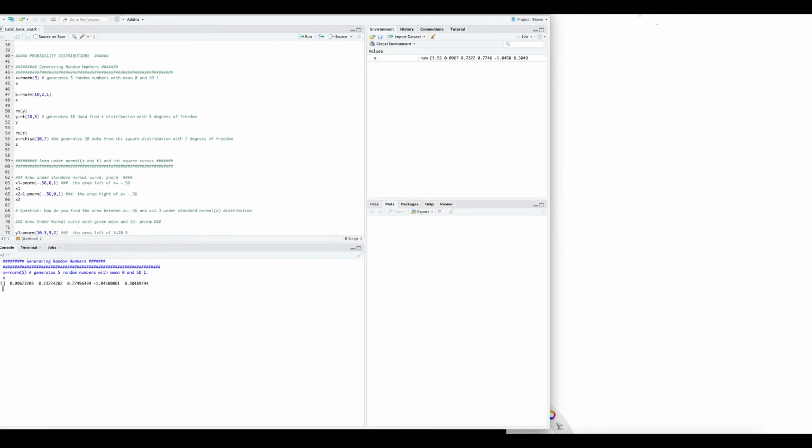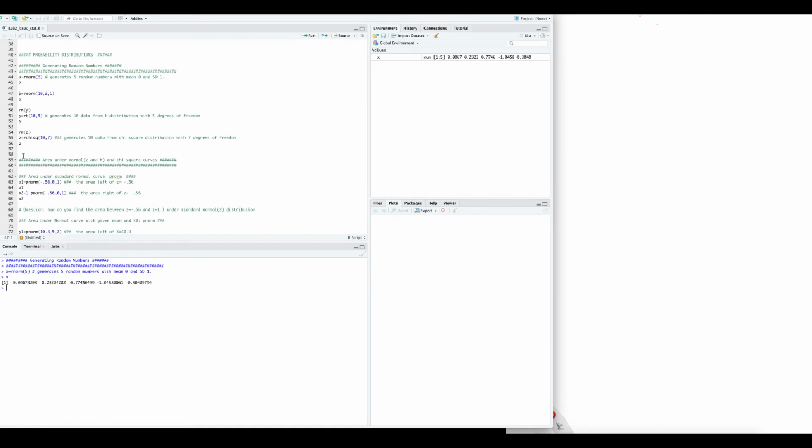But if you want to generate random numbers from a normal distribution with a different mean than 0 and a different standard deviation than 1, you can do x equals rnorm. That generates 10 numbers from a normal distribution with mean 2 and standard deviation 1.